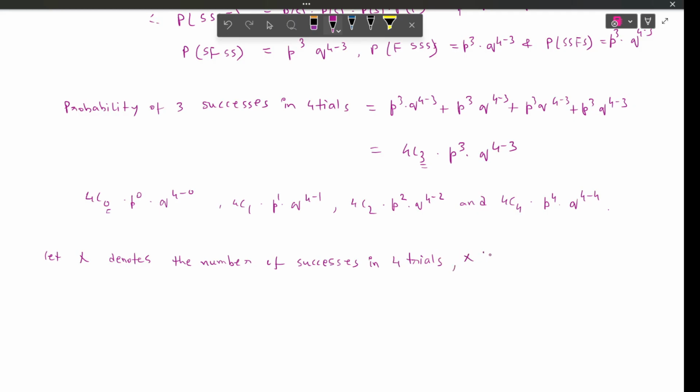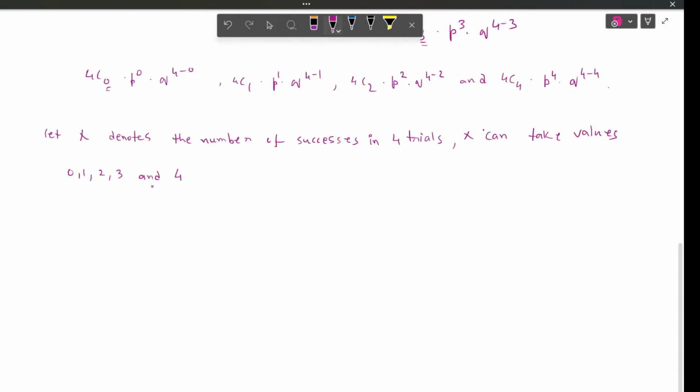So X can take values 0, 1, 2, 3 and 4 such that P of X equals 0, we can define it as 4C0, p to the power 0, q to the power 4 minus 0.